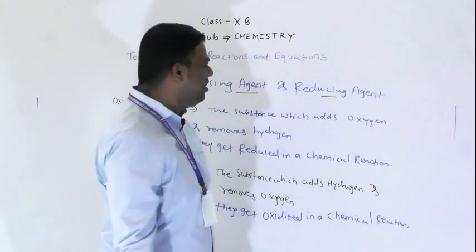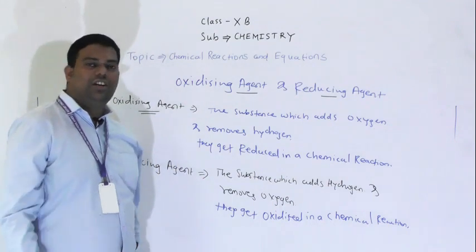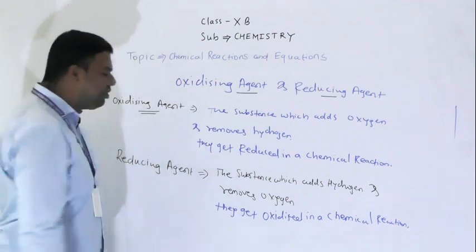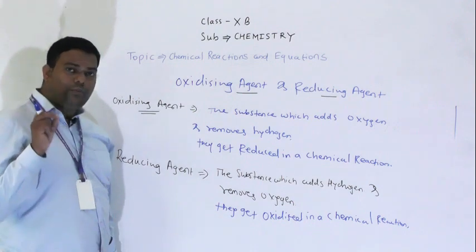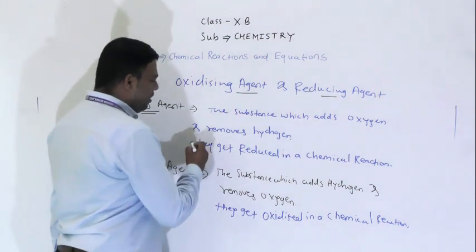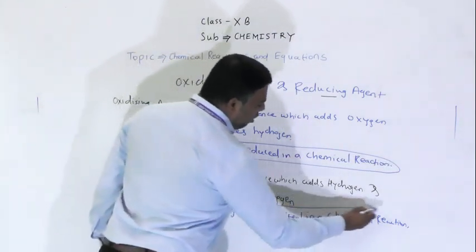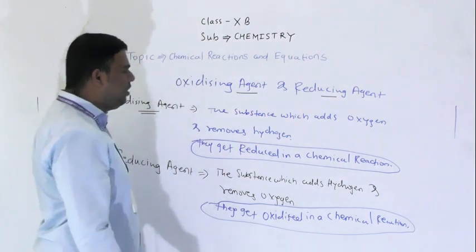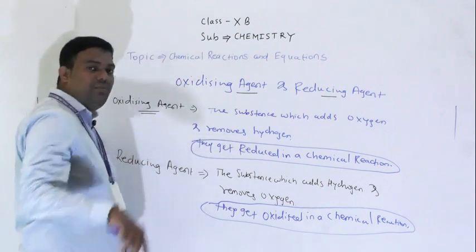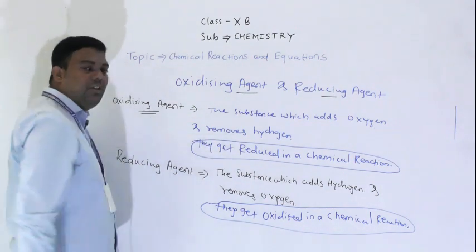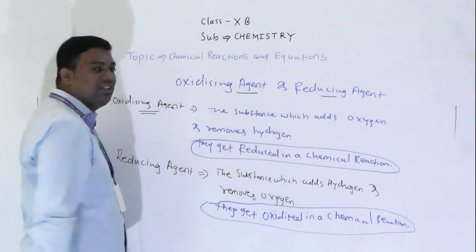So these are the basic terminologies of your old concept, oxidation and reduction, then the modern concept, and now oxidizing and reducing agents. One of the most important points: they get reduced in a chemical reaction, and here they get oxidized in a chemical reaction, because these terminologies are the same as the previous ones. Oxidation means addition of oxygen, reduction means addition of hydrogen, as we saw in the old concept also.